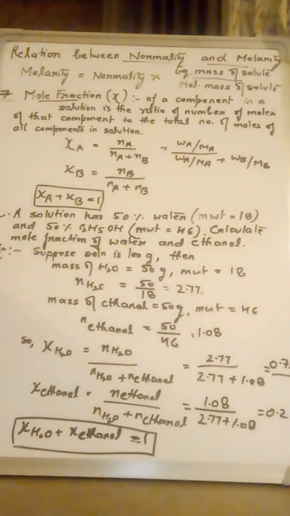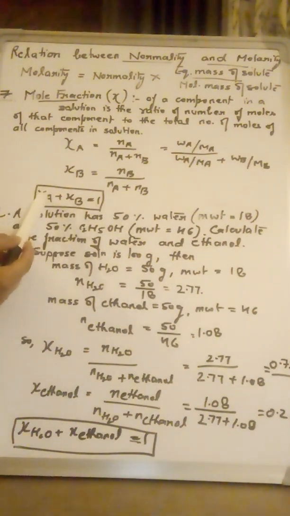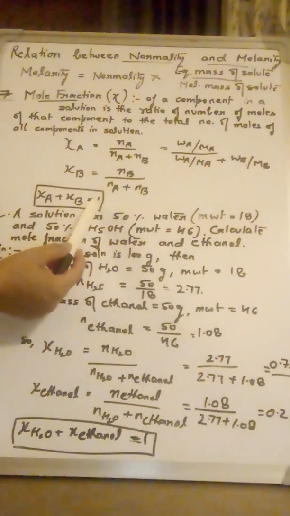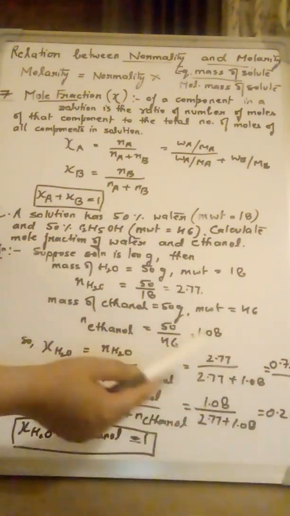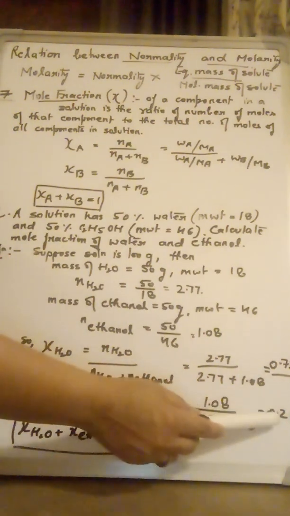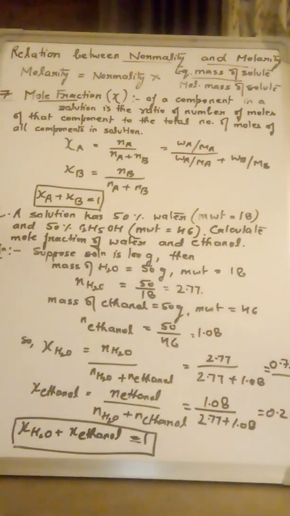If you want to confirm, we just studied that the total mole fraction of both components in the solution is 1. You add them, 0.72 and 0.28, you get 1, right? So this way you can find out the mole fraction of each component.